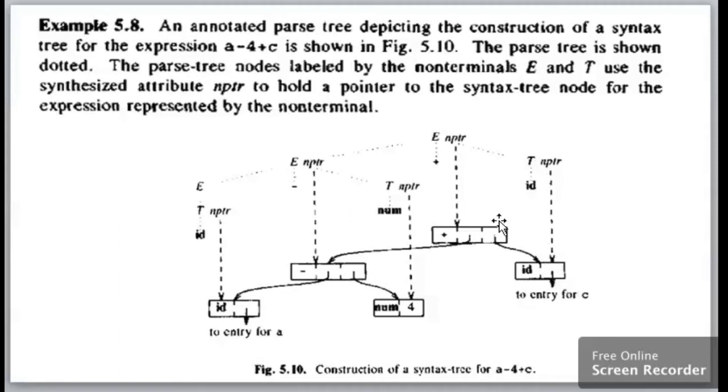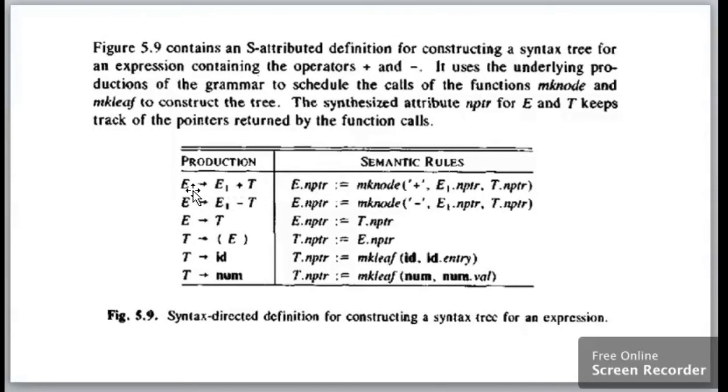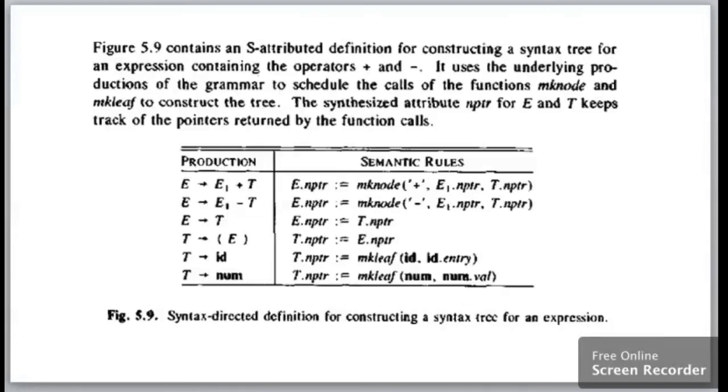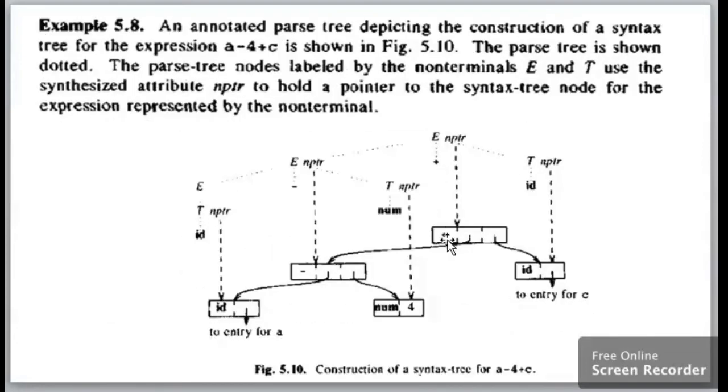Now as I have got this one also, I would be constructing for this one. So this is E can have the form of E plus T. So the semantic rule represents E can have the form of E plus T, that is E.nptr equals mknode. So again a node is going to be constructed over here, as plus, again left and right.